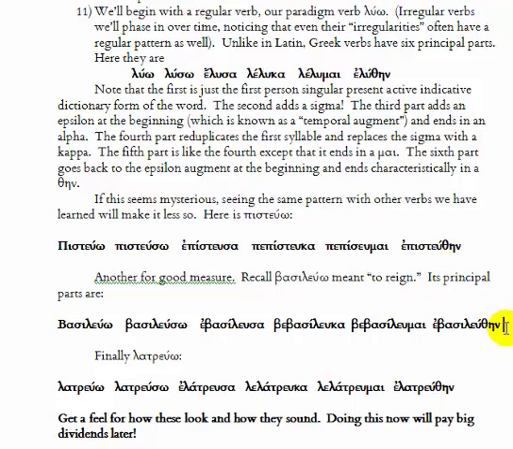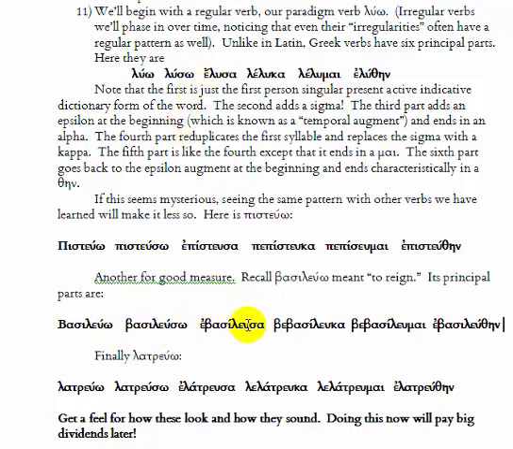Basiluo is another one that's just like pistuo. I don't think the book actually gives us one, but it's an easy one to remember, because you already know the word basileia, which is the word for kingdom, and we'll soon enough see the word basileus, which means king. So this means to be a king over, to rule over, to reign over. Basiluo, basiluso, just like pistuso or luso.